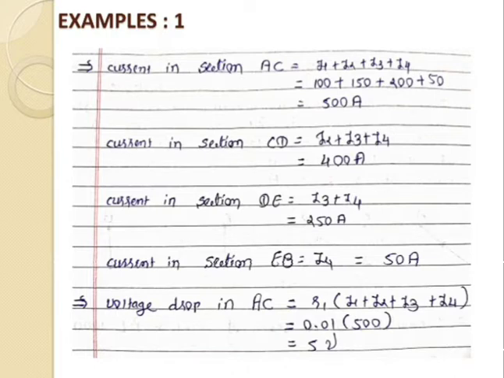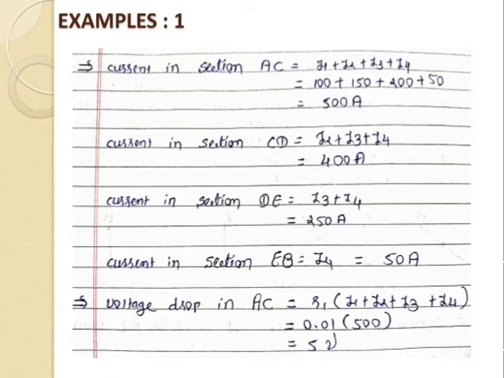Same way, the current in section DE is I3 plus I4, equal to 250 ampere. And the last one, the current in section EB, is I4 only, because the remaining 3 currents are cut out there. So the answer is 50 ampere.